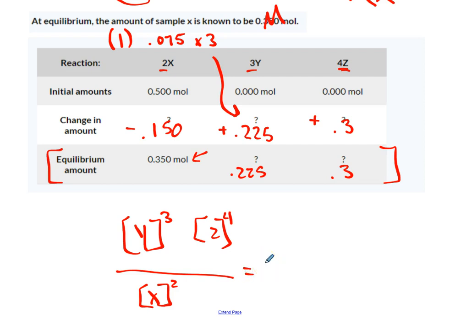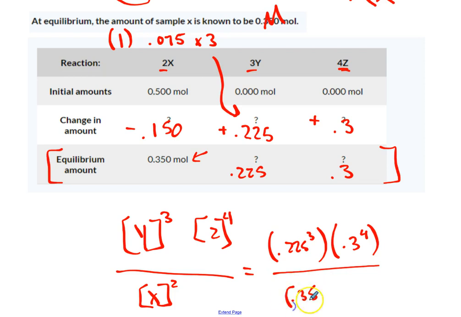And then I just plug them in. 0.225 cubed, 0.3 to the 4th, and X was 0.35 squared. I would just plug those in and get a super awesome number.